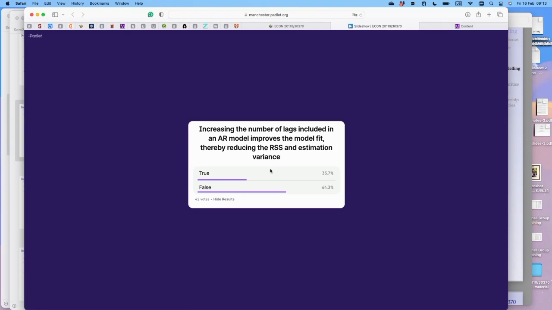On one hand, it might make your model better capture the underlying pattern of the series, but on the other hand, you're estimating more parameters, and therefore the estimated variance will increase, and that reduces the reliability of your estimated coefficients because they have a wider variance or a wider interval in which to lie. Okay? Imagine if you plot the distribution of the estimated alphas, they will have a very wide distribution. Okay? So this is a false statement.